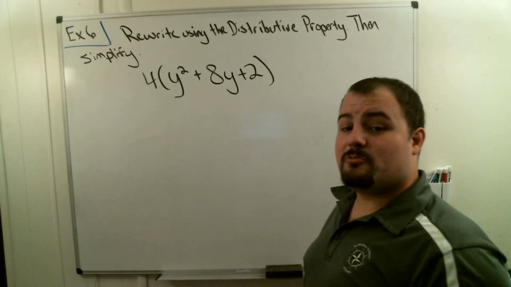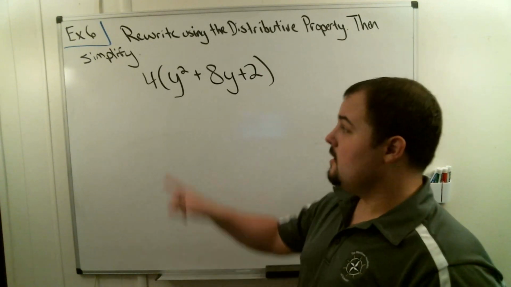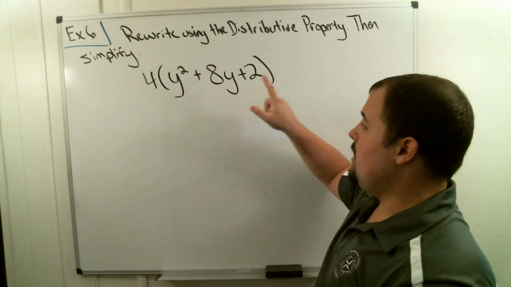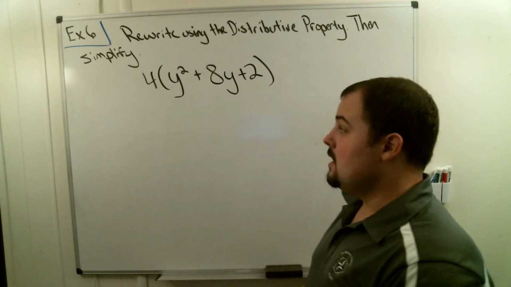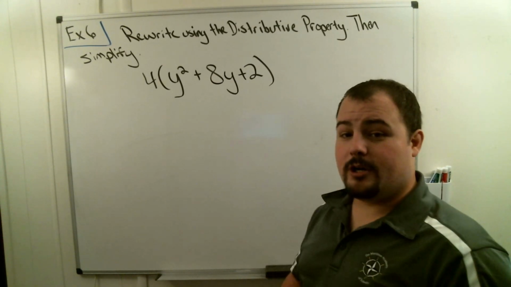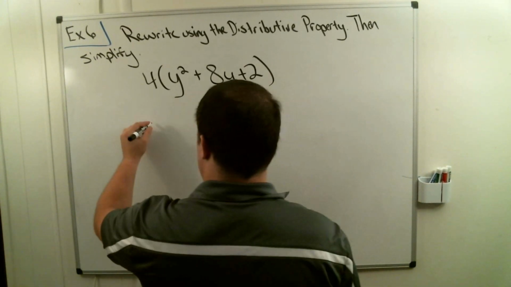In example 6, we're going to be distributing with something that has 3 numbers on the inside in this case. There's y to the second power, 8y, and 2. So there's 3 terms in that problem that we're going to be solving. What we're going to do is approach it the same way. The number that we have outside parentheses is going to multiply to each number inside parentheses.